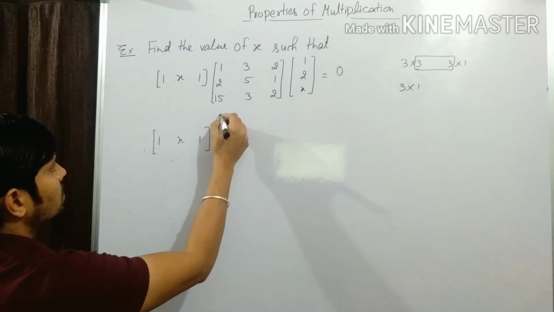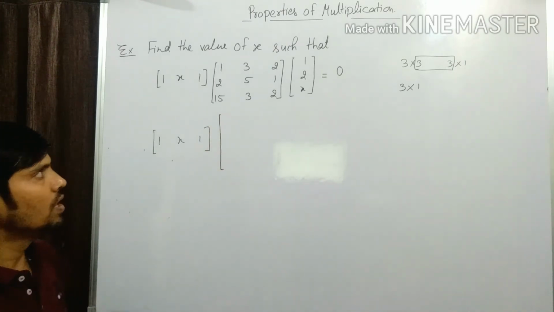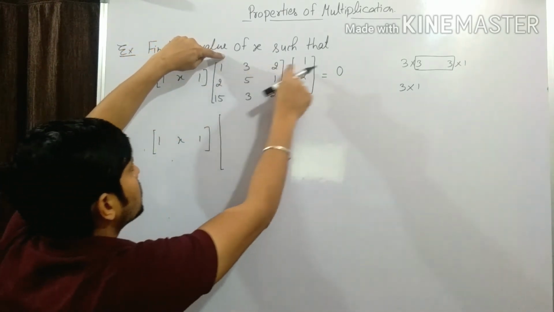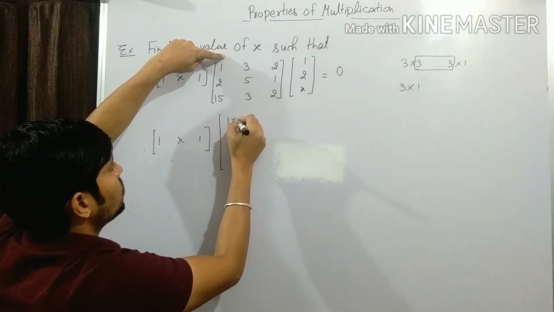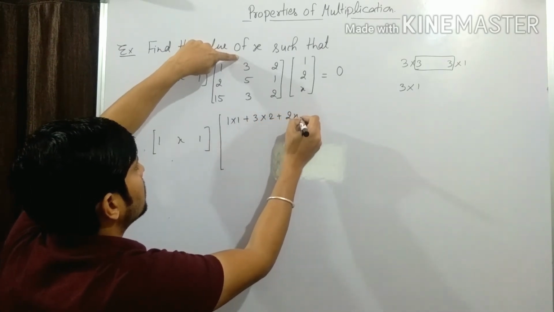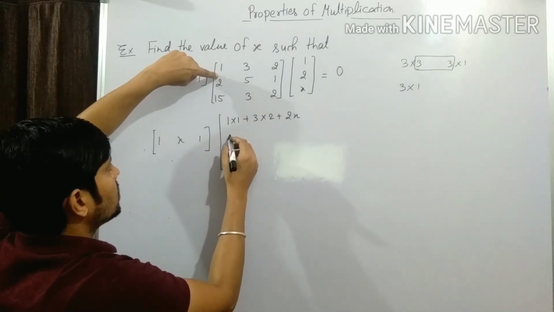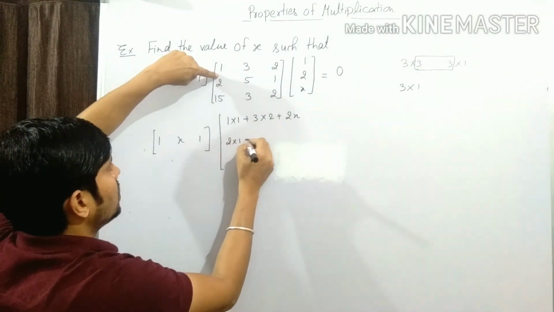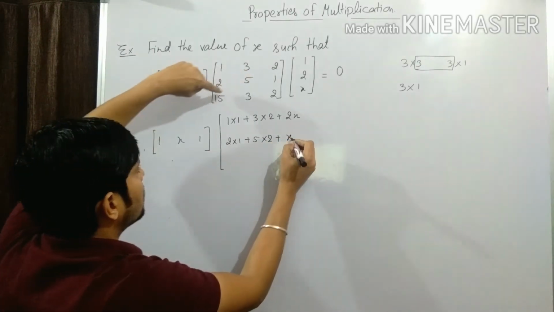So the matrix we now form will have order 3 cross 1. First of all, we multiply the first row by the first column. This is 1 into 1 plus 3 into 2 plus 2x. Similarly, the second row multiplied by the first column: 2 into 1 plus 5 into 2 plus x.